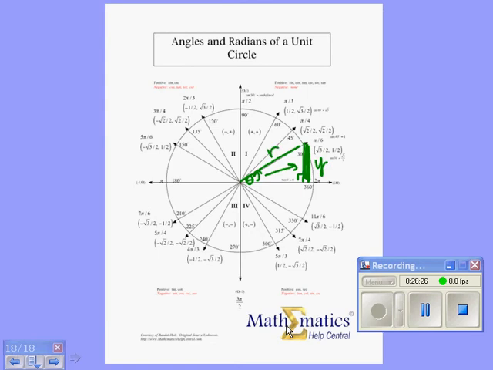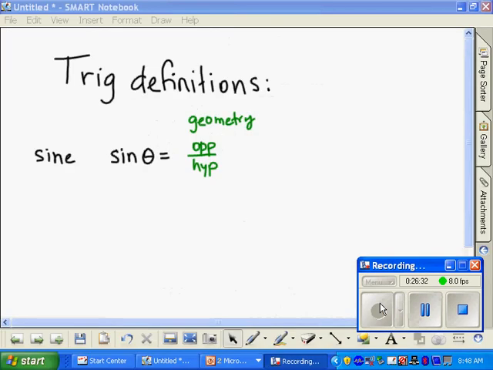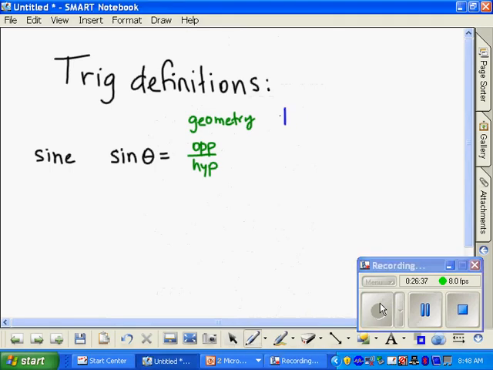It's really the radius. So we're going to take our definition and modify it. Instead of opposite over hypotenuse, we're going to call it y over r.